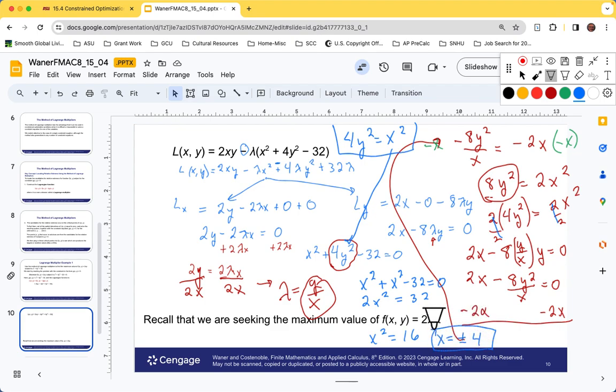Then we can take x equals 4 and plug it back into this equation here. Wait, that's where we solved it. We plugged it into the constraint.